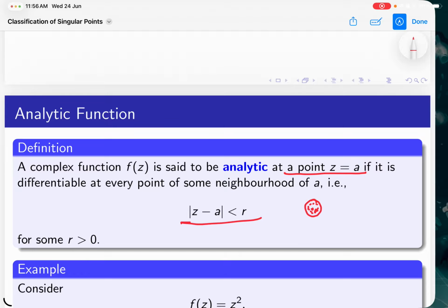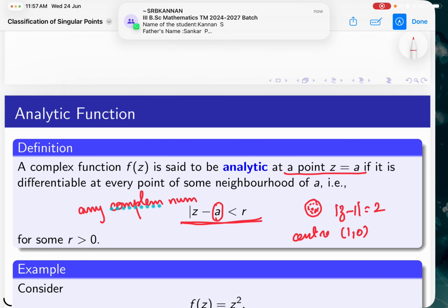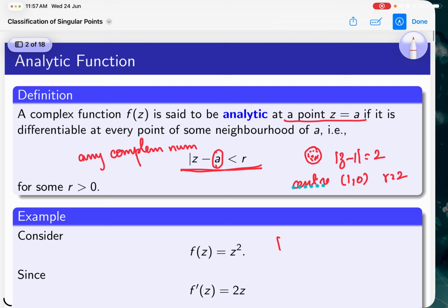So whenever you come across modulus of z minus a less than r, here a is any complex number.